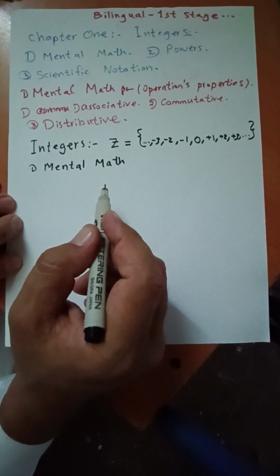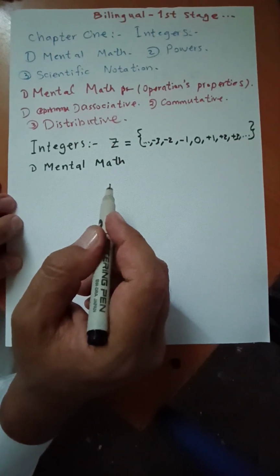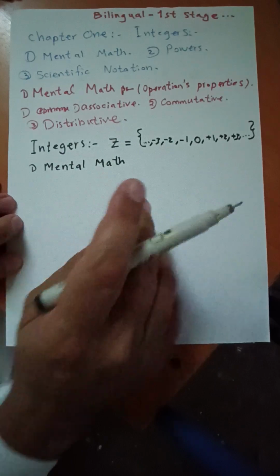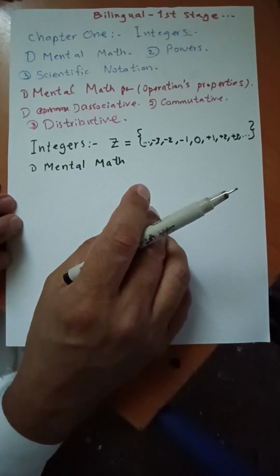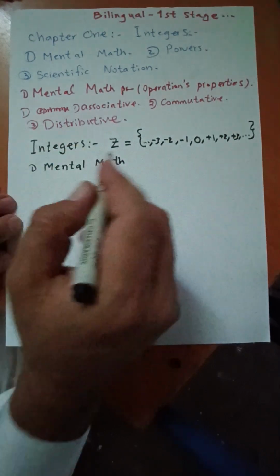Third, the distributive property on the integers. Now guys, I will study all of them, one by one, step by step.